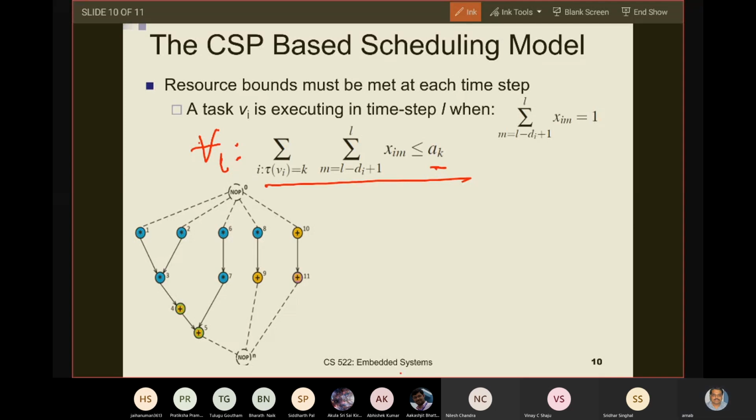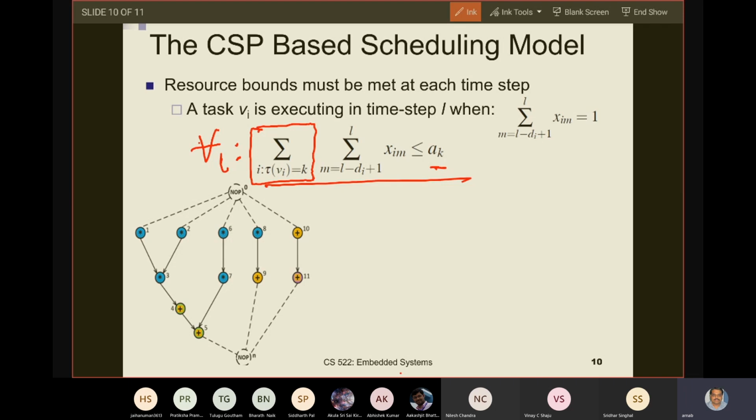Now, let us first understand this summation, because this is easier to understand. This constraint is a bit involved, but it is not very difficult to understand. I have drawn a box on the left summation.